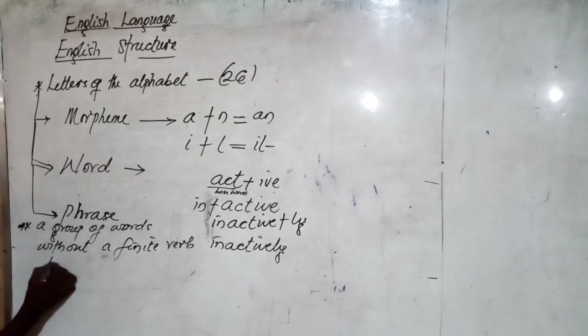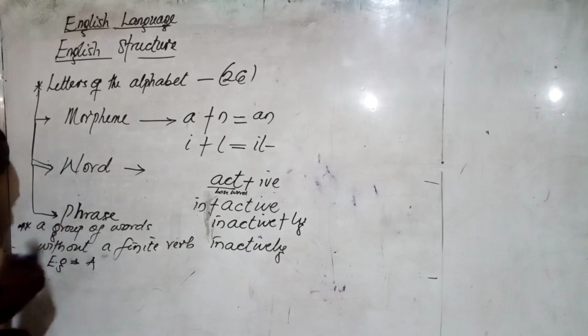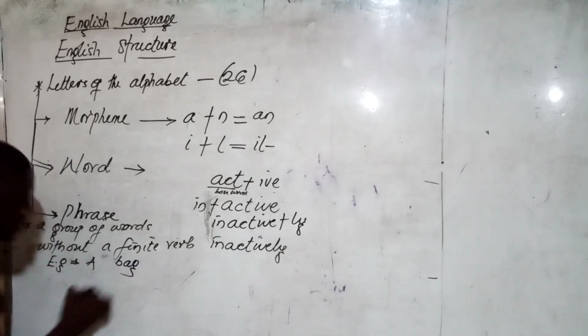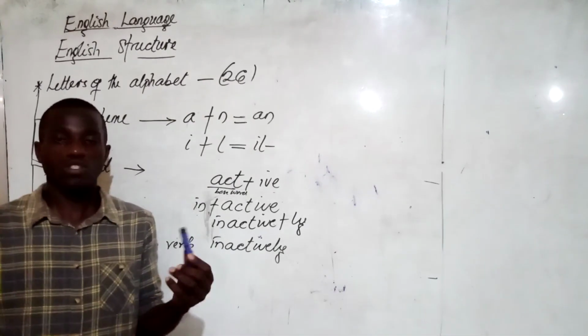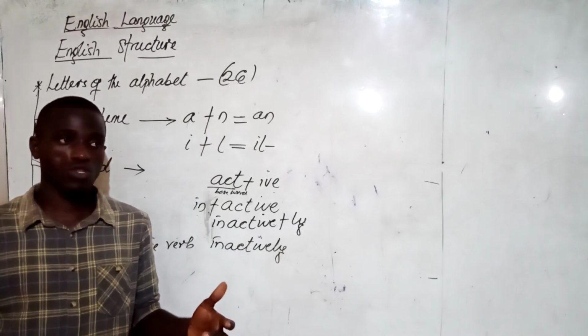So for examples of phrases, we could have an article plus a noun. If I have a bag, this is a phrase, a bag. Now, that does not convey a full meaning to the hearer, because you just know a bag.